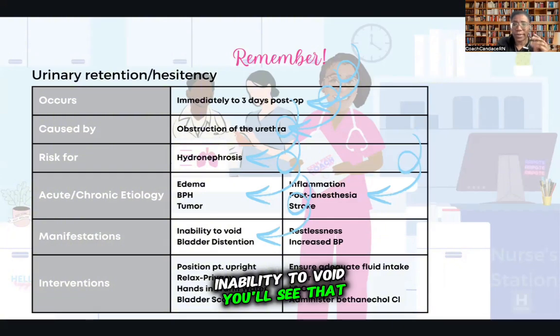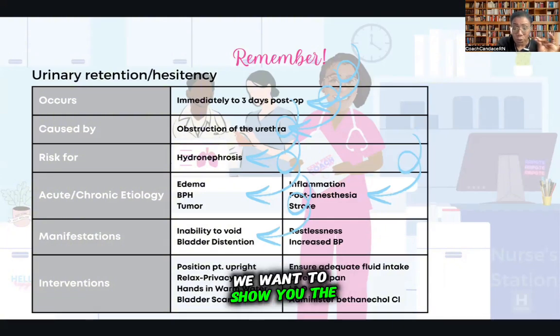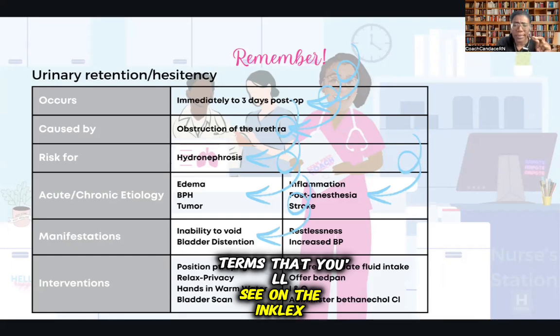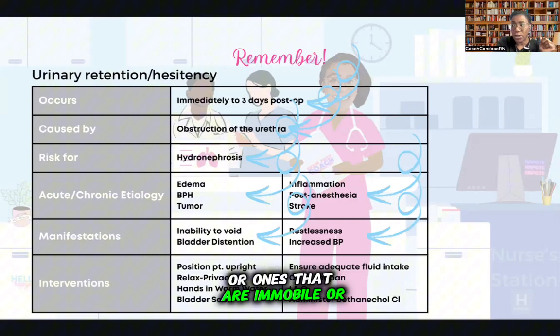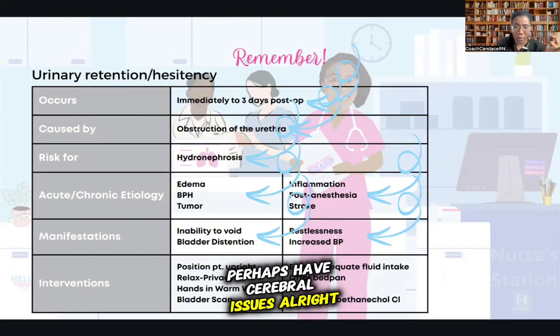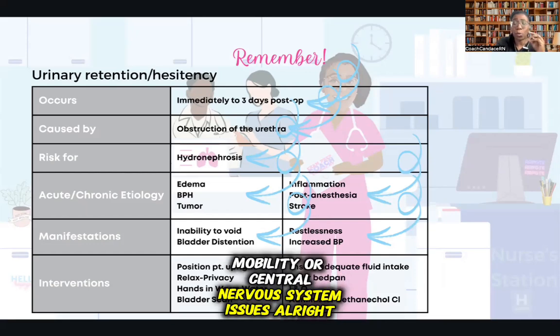Inability to void. You'll see that terminology. Bladder distension, right? We want to show you the terms that you'll see on the NCLEX. Restlessness, particularly in our older patients or ones that are immobile or perhaps have cerebral issues. All right. Increased blood pressure. You might also see that in our patients with mobility or central nervous system issues.